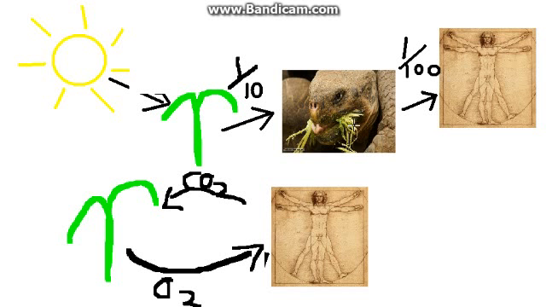If we let an animal eat a plant, and then an animal eat that animal, and then eat that animal, we'll only be getting a measly 1,000th of the energy, and all the other energy will be wasted. If the entirety of humanity became vegetarian today, there wouldn't be any more food crisis.